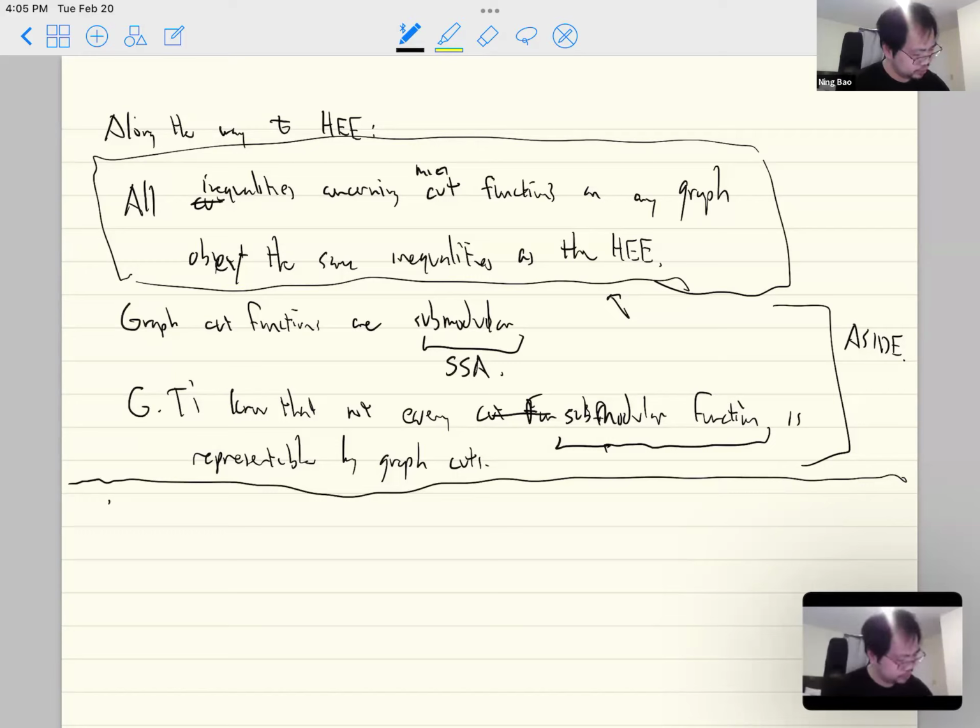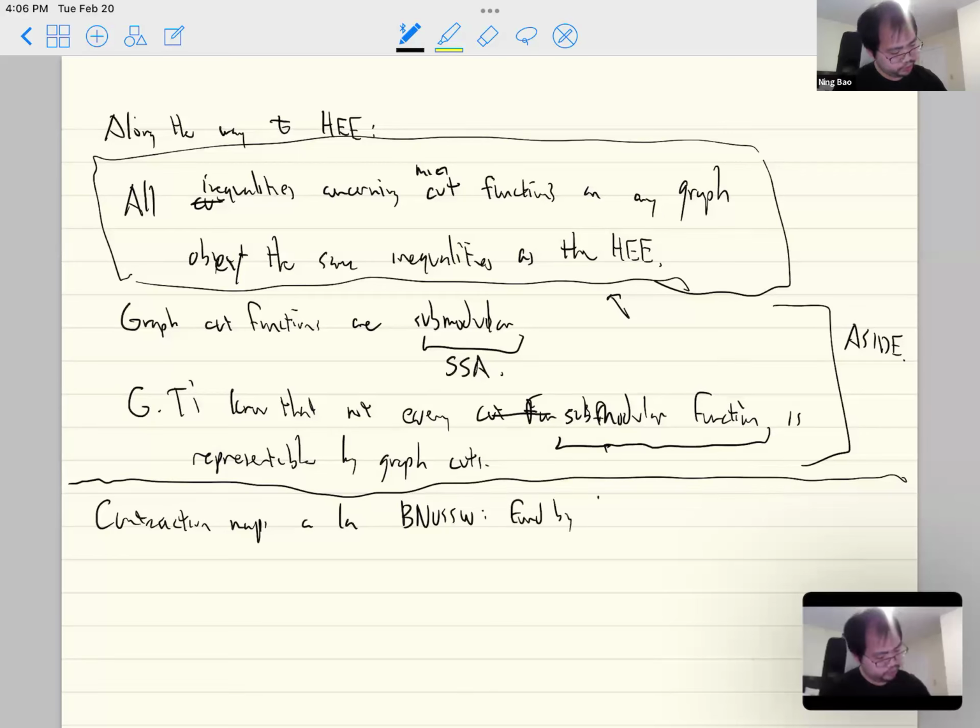Okay, so what did I just say? Contraction maps. The original work, they were found by brute force: 0, 1 assignments to every RHS bit.